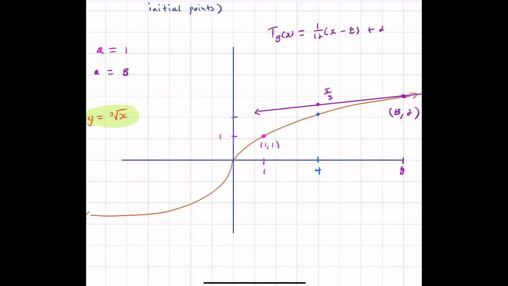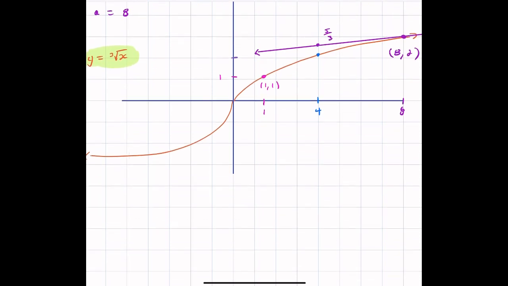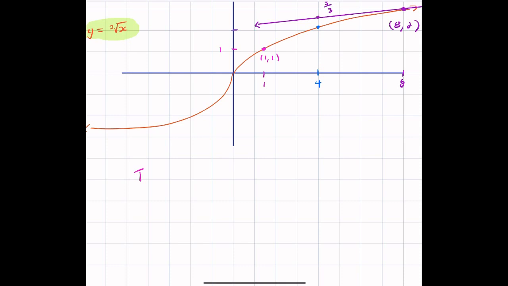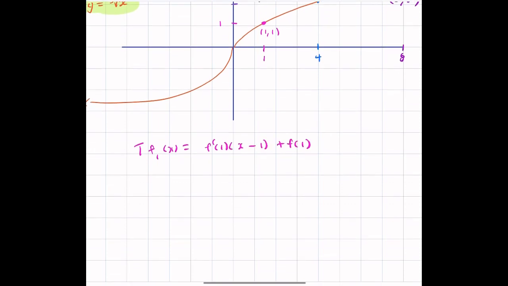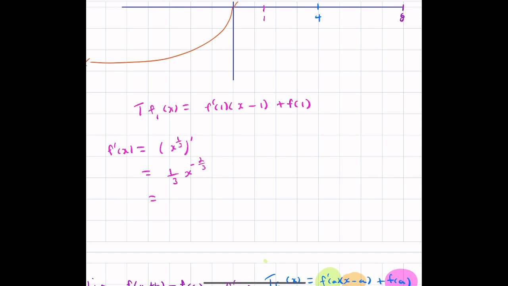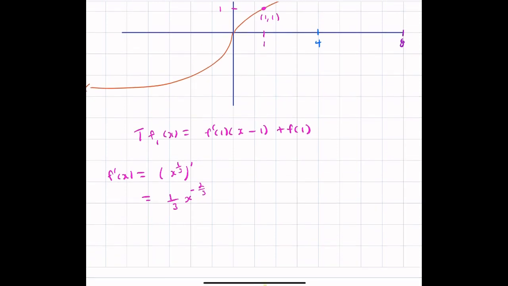Okay, so now we're going to do the same thing for 1, right? The tangent line to the graph at 1 as a function of x is f prime of 1 times x minus 1 plus f of 1. And again, f prime of x is x to the 1 over 3 prime, which is 1 over 3 x to the negative 2 over 3 by the power rule, which is 1 over 3 x to the 2 over 3.